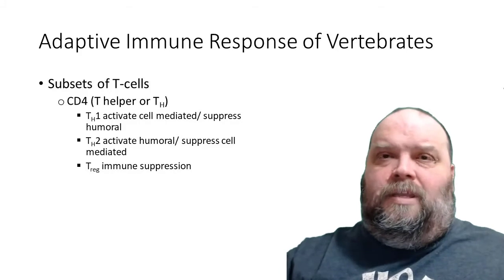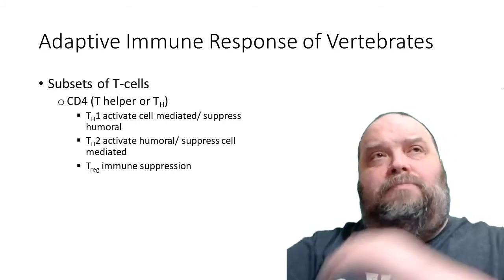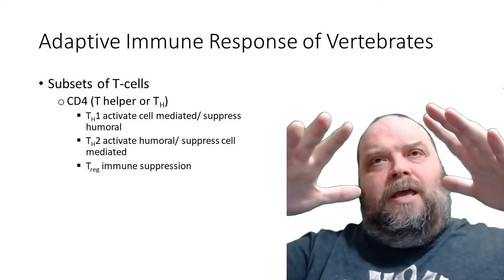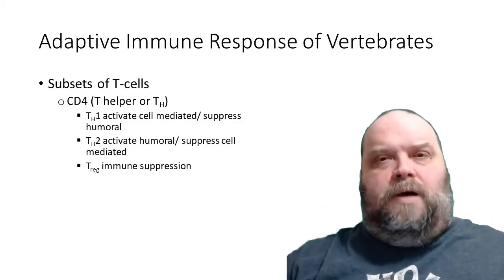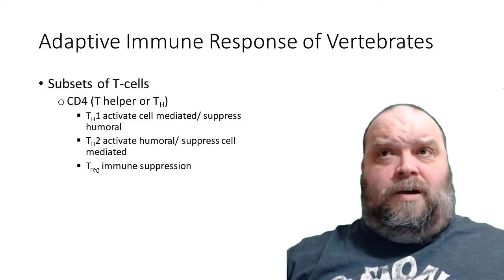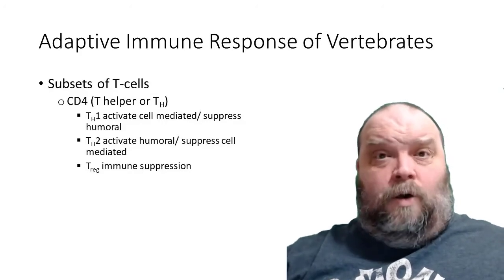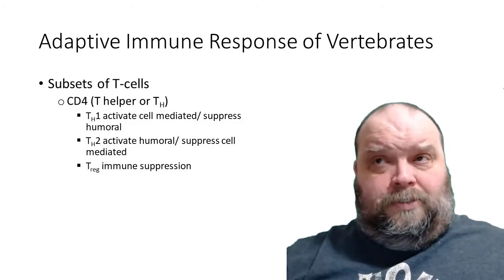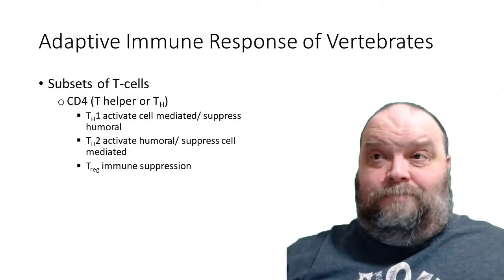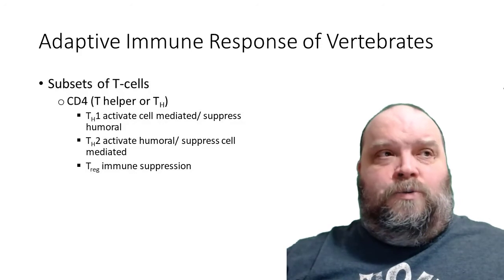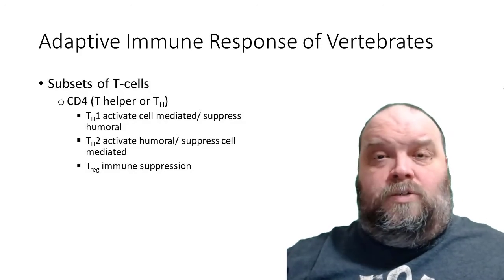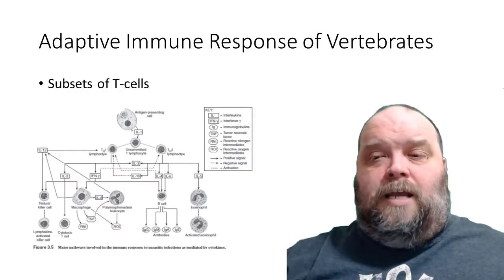The infection's gone, so it's time to quiet everything down and start to roll back the inflammatory response. Because if you have an always hyperactive immune response, your immune system is going to start attacking you. That's when you get autoimmune disorders, and that is not a good thing.